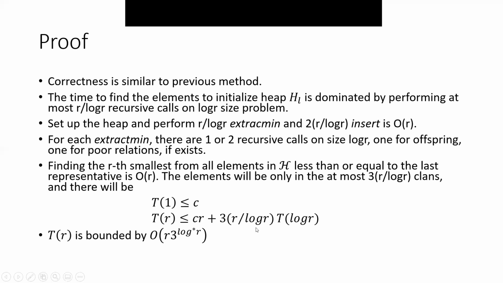So if we apply the recursion, then we can eventually get that T(R) is bounded by big O of R times 3 to the power of log star R. So this is some explanation of this paper, and hope it helps. Thank you.